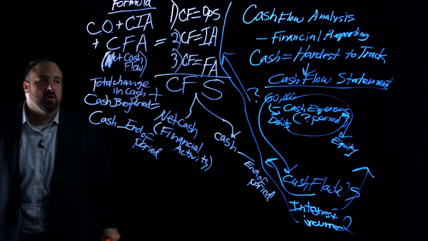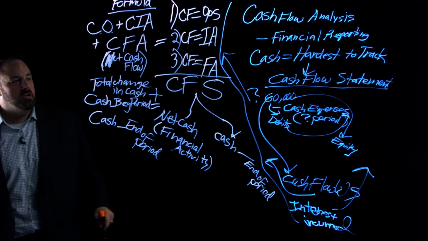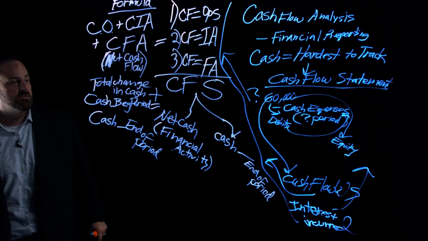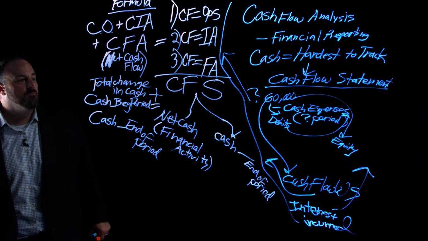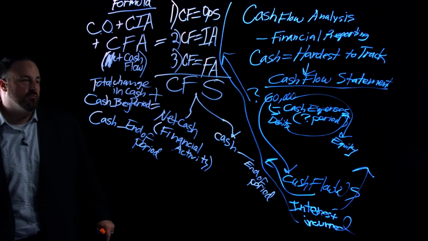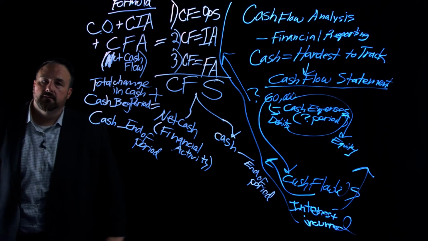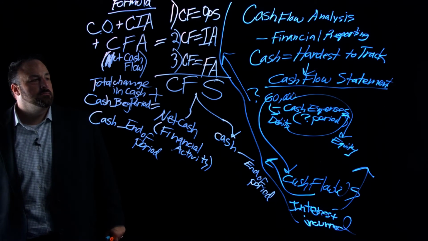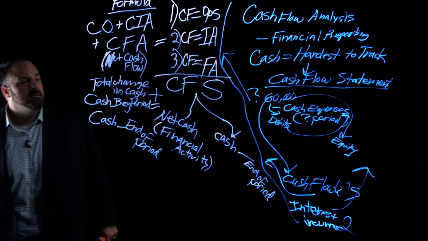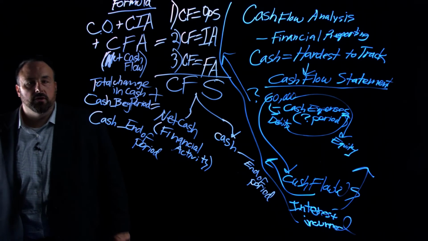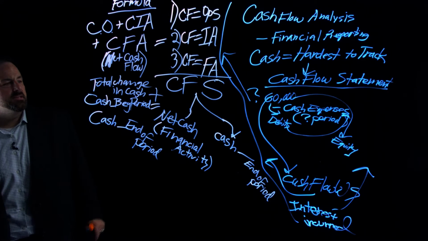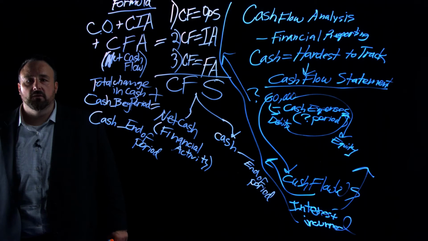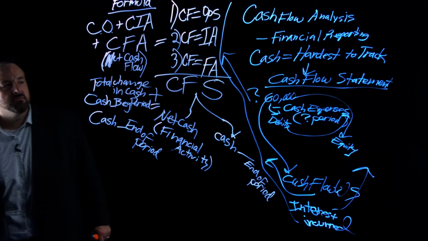So for an exam question, let me ask you this. The financial statement that includes classifications for operations, financing, and investing activities of all business entities for a period of time, because we don't know if it's a year, is called: A, the income statement; B, the statement of retained earnings; C, the balance sheet; D, the statement of changes of owner's equity; or E, the statement of cash flow. Well, we just got done talking about the cash flow statement. So it is E, the statement of cash flow.